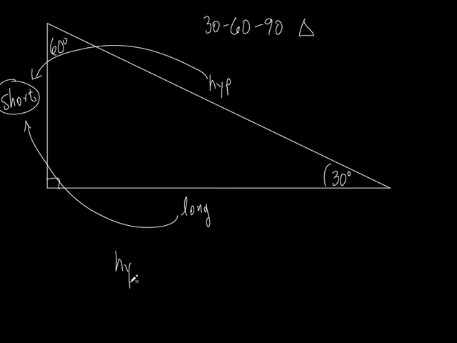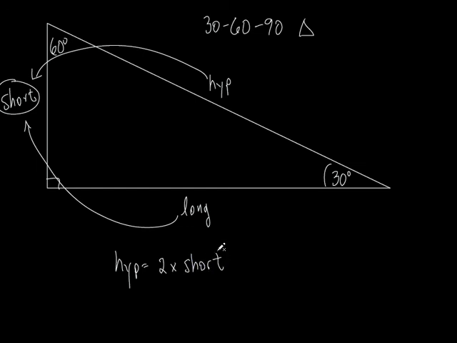The hypotenuse. This is kind of interesting. As long as this is 30, 60, 90, the hypotenuse is exactly twice as big as the short side. It's double it, exactly 2 times the short side if it's 30, 60, 90. Doesn't matter how small your triangle is, how big your triangle is. Hypotenuse is always going to be twice as big as the short side. So I put 2 times the short side.